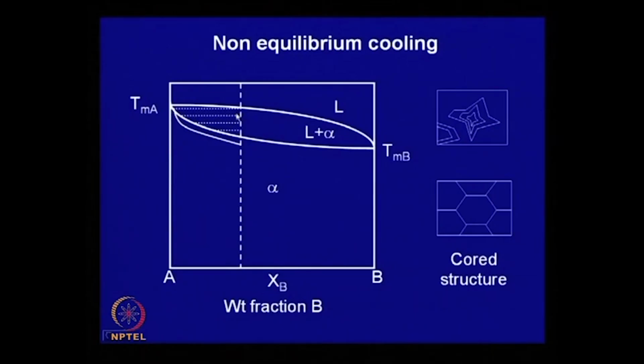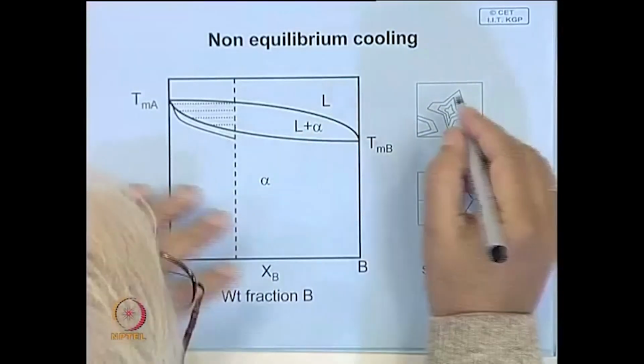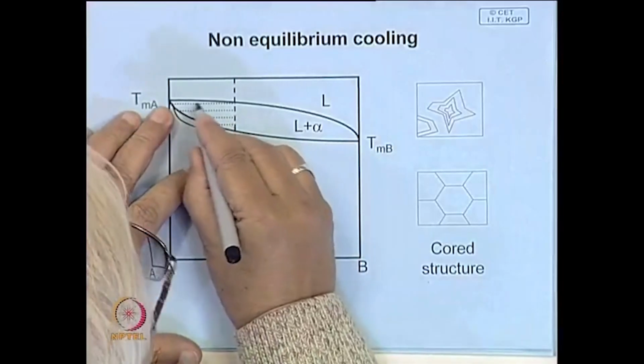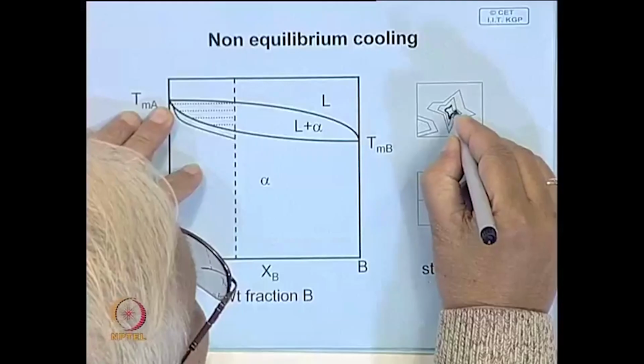Now, when the temperature comes down, say to here, the next solid which will precipitate out at this temperature must have this composition. Now, what happens to the solid that has solidified earlier? If we assume that the diffusivity in solid is very small, then we can think that the first solid which precipitates out here has a certain composition.